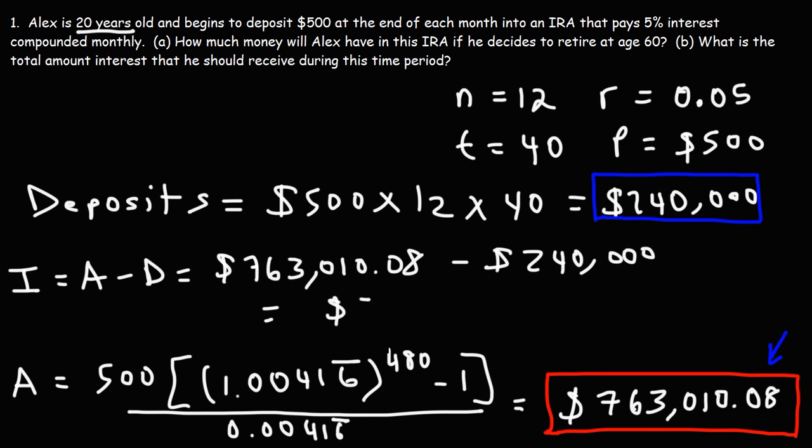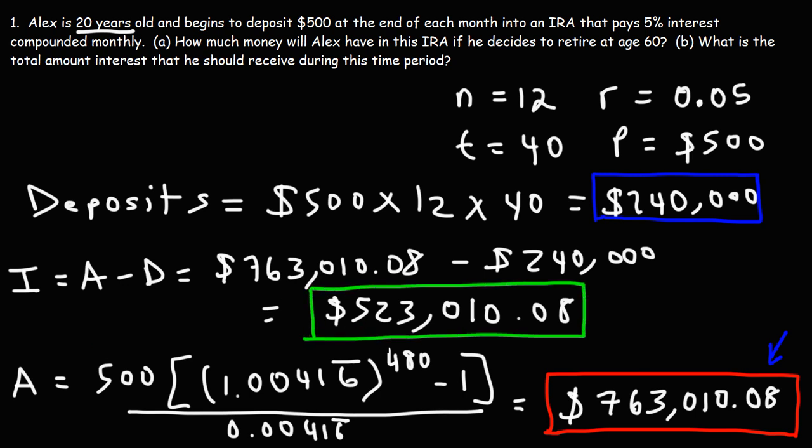So that's going to be $523,010.08. That's how much interest he's going to receive over the course of 40 years if he has an IRA that pays him 5% interest compounded monthly. Now granted, the higher the interest rate, the more money he's going to receive in interest, so it pays to shop around.